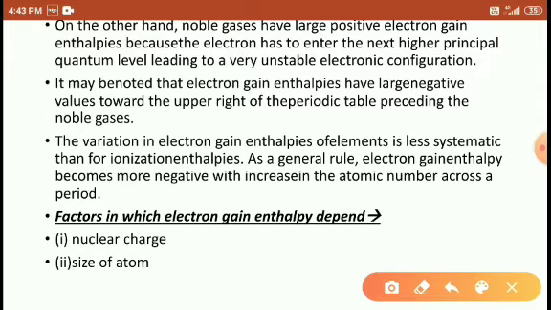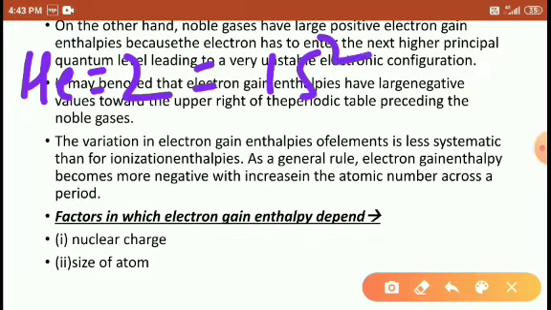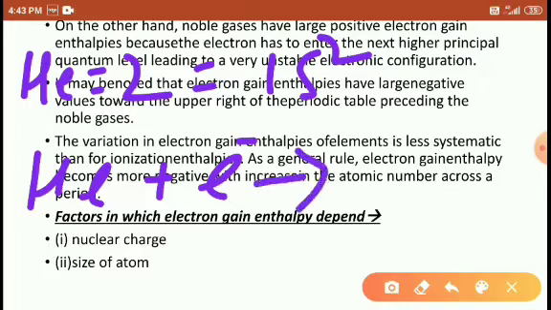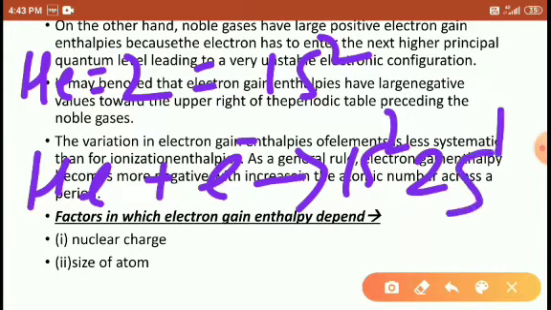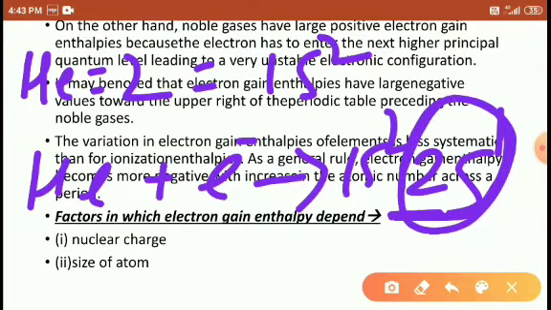Take the example of helium, atomic number 2, electron configuration 1s2. If helium tries to accept one electron, that electron must shift into 2s1, a different, higher principal quantum number, the second energy level.